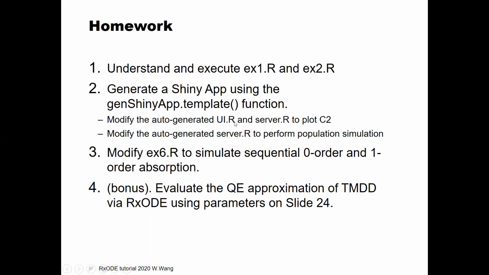First, modify the produced UI.R and server.R, and plot out the concentration from C2. If you remember, by default, it only plots out the amount of the first compartment. In this case, it's the depot compartment. So what I want you to modify is to plot out the concentration from the central compartment.